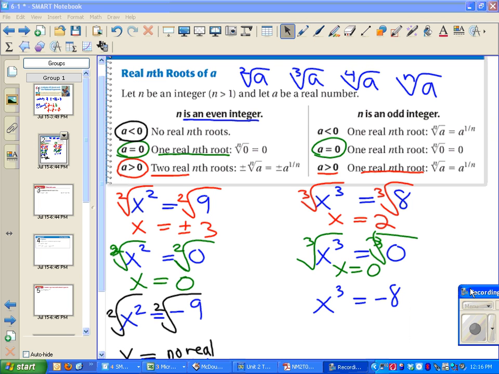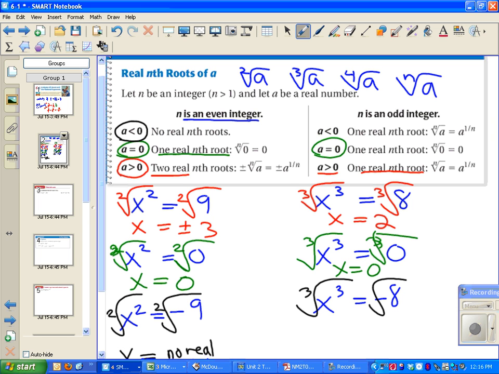And then for the x cubed equals -8, if I take the cube root of both sides, well, this becomes x, and this is -2, because -2 times -2 times -2 equals -8. So I have 3 of the same thing. And that means I have one real root when the number is less than 0, so a negative number. So that kind of explains that a little bit, but keep those in mind.